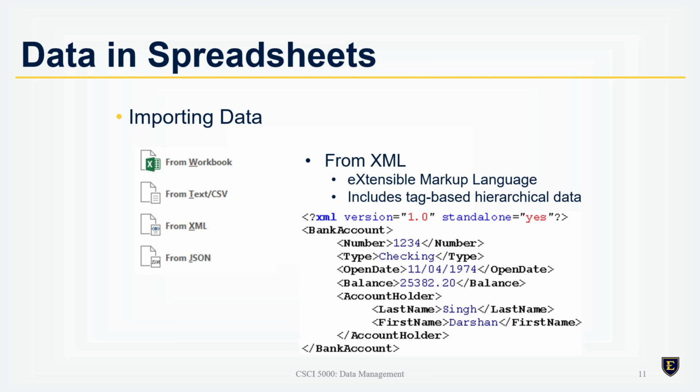Its type is checking. It was opened in 1974. It has a balance of $25,000. And you notice that there's a nested bit of information here: it has an account holder whose last name is Singh, whose first name is Darshan, and then we close the bank account. That is the type of information that you could store in an XML file.